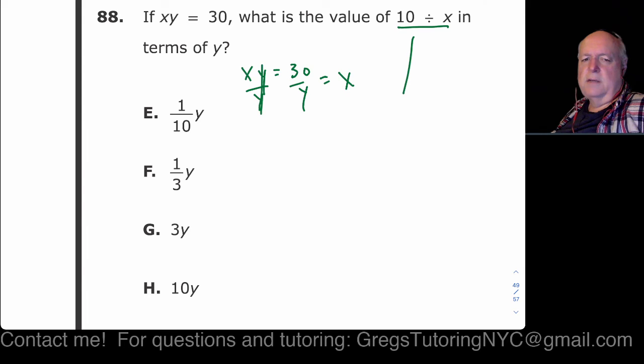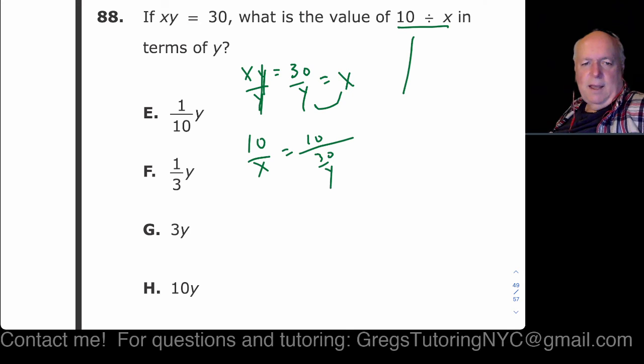If we write 10 divided by x, and if x is 30 divided by y, then the problem is 10 divided by 30 divided by y. If we write that longhand, we get 10 divided by 30 over y. To be honest with you, we could have just plugged that straight into there.